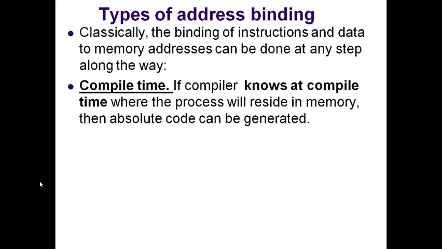So when the program gets compiled, if the compiler is capable of binding the addresses, then it's called compile time binding. Initial programming languages like Fortran and COBOL were able to do this because that was a simple system where one program gets loaded and executed. So the compiler knows that the address always starts from 0 and goes up to the maximum address depending upon the size of memory.